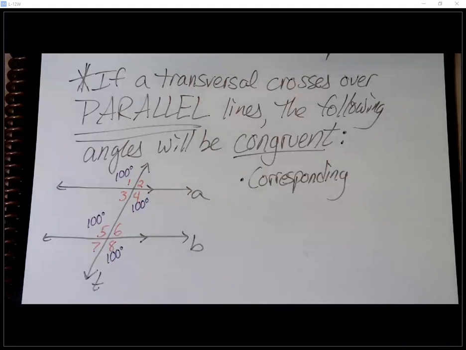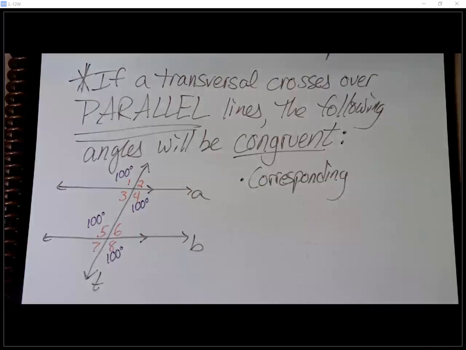So now I dare say that there are a few more pairs that are already marked congruent in this list besides the corresponding angles and the vertical. What other pairs in that list over there? Yeah. Angles 2 and 3, 6 and 7 are congruent. You're right. You're answering my next question.